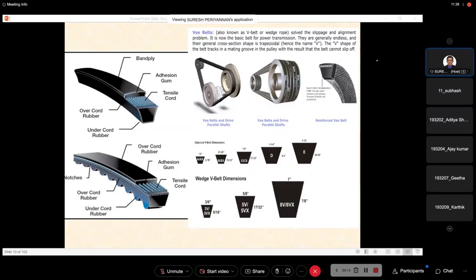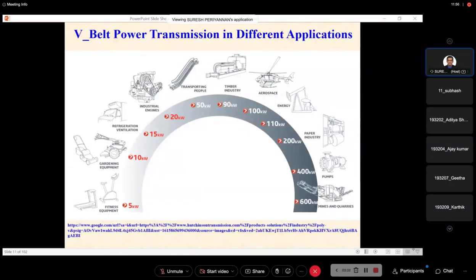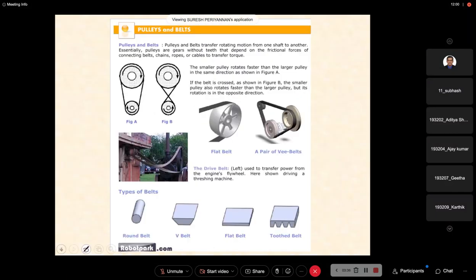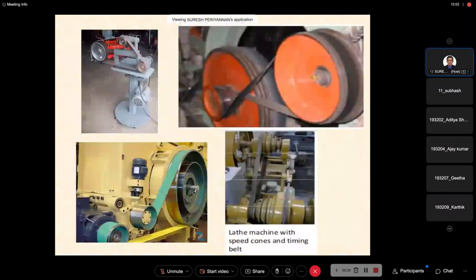But how is the coefficient of friction generated in the V belt? Due to wedge action. Because the flat belt sits on the pulley on a plane surface. Now, let me show you this.